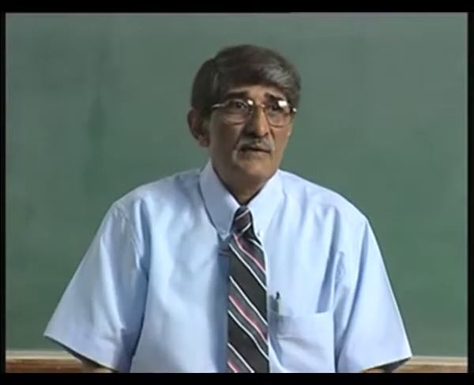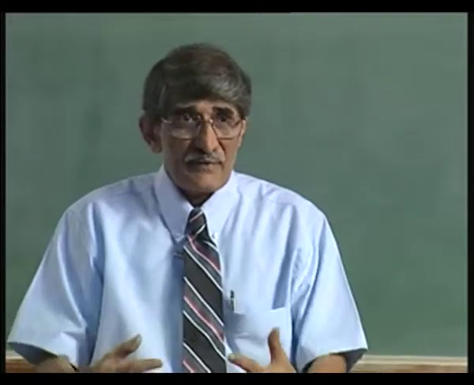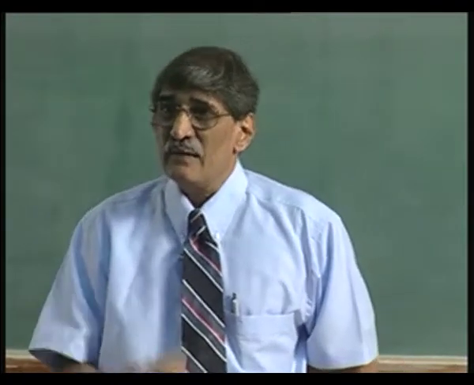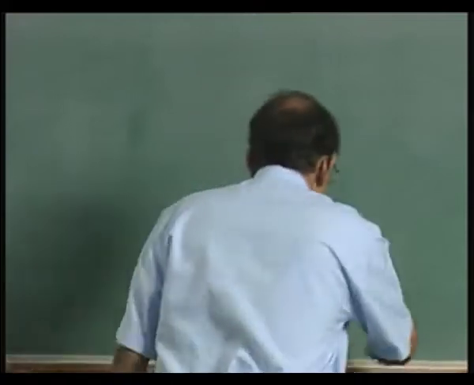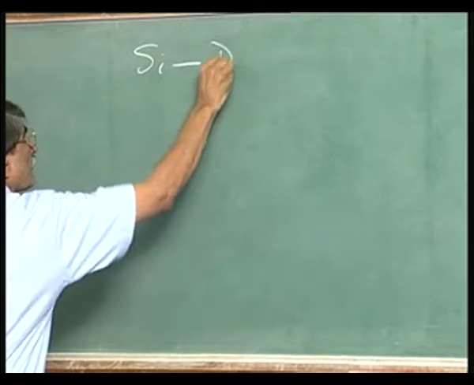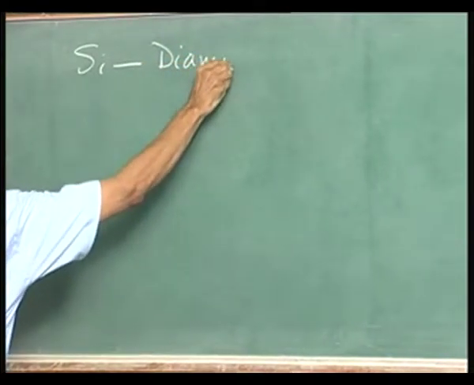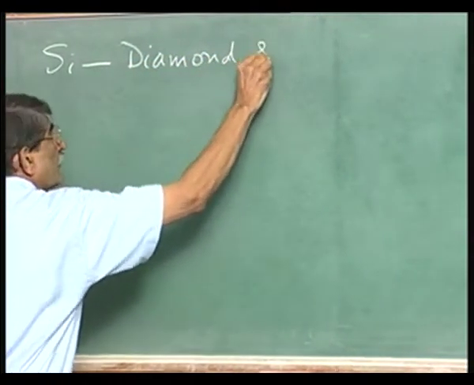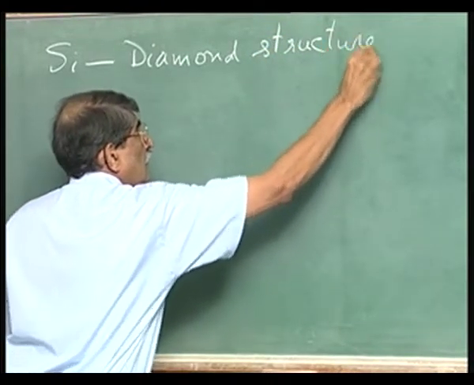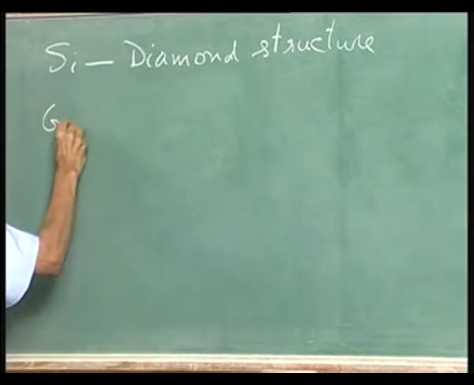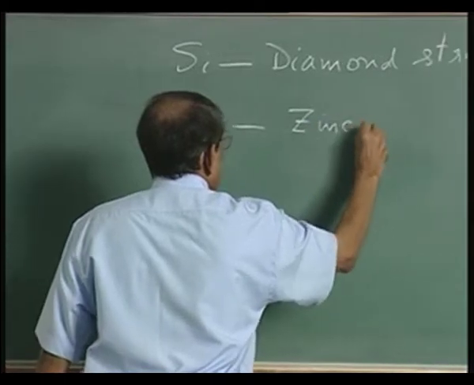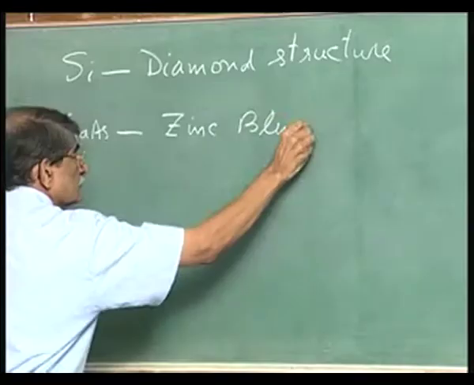Now, what we are taking a look at now is different from this. The silicon structure is diamond, and gallium arsenide is zinc blende structure.